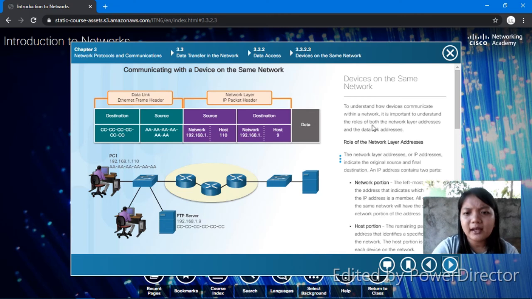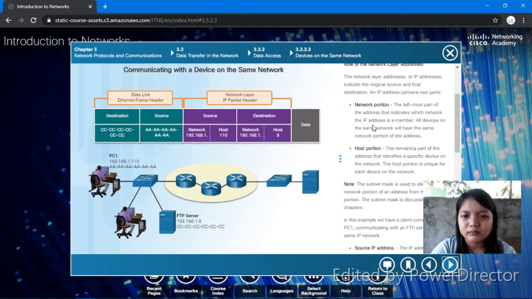Now, devices on the same network. The network portion is the leftmost part of the address that indicates which network the IP address is a member of. All devices on the same network will have the same network portion of the address.